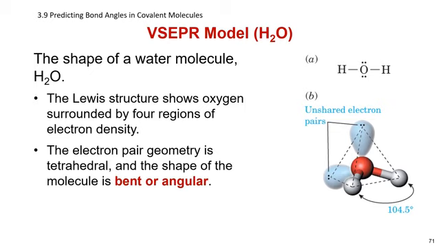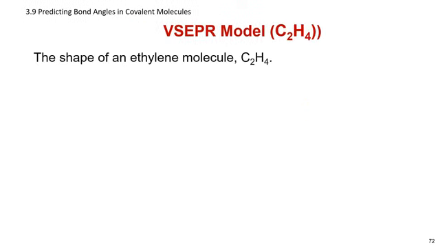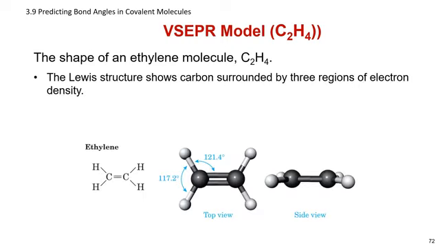Water and ammonia have less than 109. Ammonia has 107. Water has 104. Because of lone pair electron repulsion, this has 109, but this is a little lower, 107.